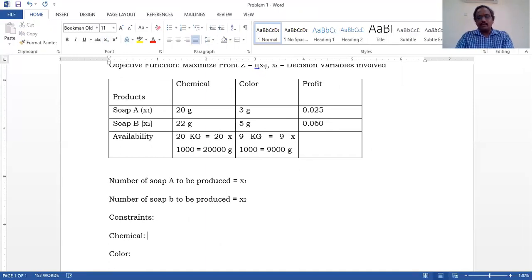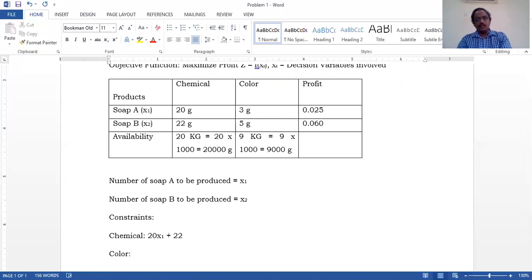So what will be the formula or what will be the equation? In soap A, I need 20 and I am going to produce x1 units of soap. So this is 20 x1 plus soap B, we are going to produce x2 quantities, number of soap to be produced is x2 quantities. And here the chemical requirement is 22 grams.